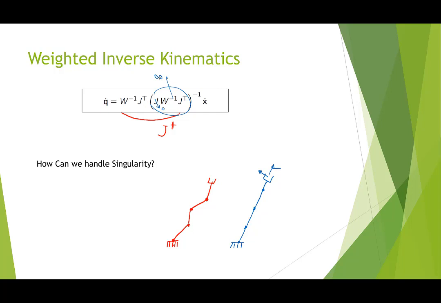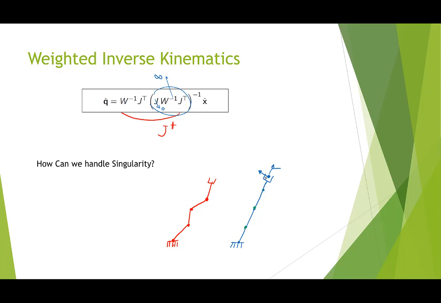One way is to consider secondary tasks. We said the redundant robot like this can move its joints without affecting the position of end effector. Consider we want to get to the point here when there is a singularity in our configuration. How can we avoid it? We can build a secondary task that makes sure we never reach these joints.